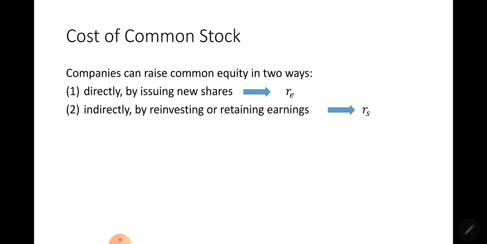There is another way that your common equity can increase, which is indirectly by reinvesting or retaining earnings, which is denoted by RS. Again, we will go back to your accounting equation, which is assets equals liability plus owner's equity.